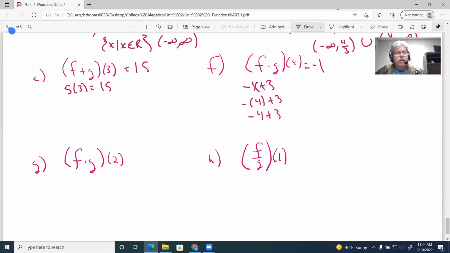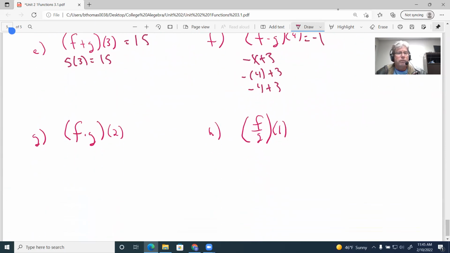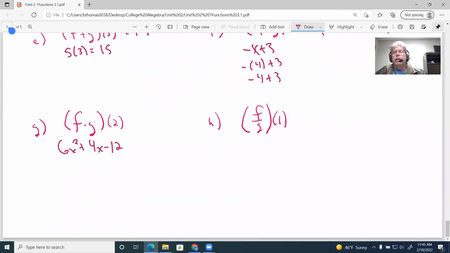f times g of 2, well, f times g of x is 6x squared plus 4x minus 16.